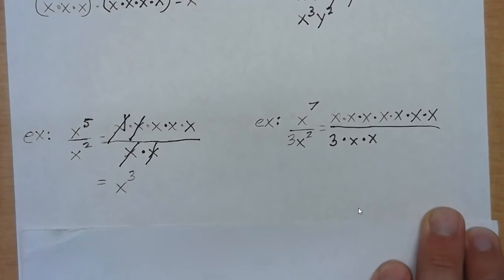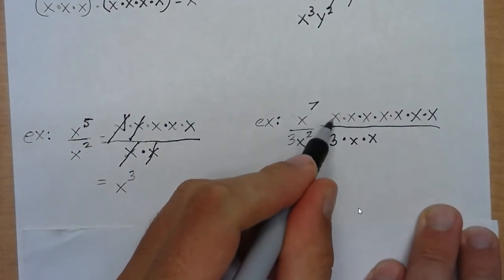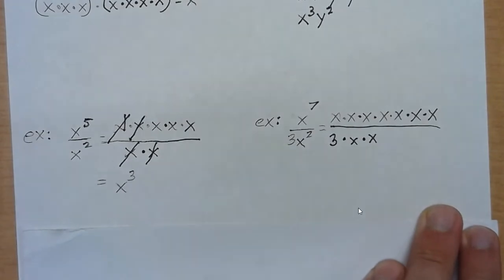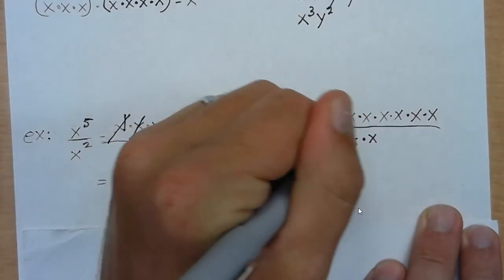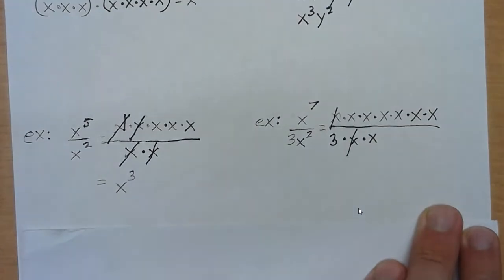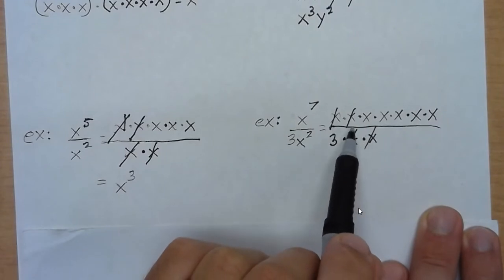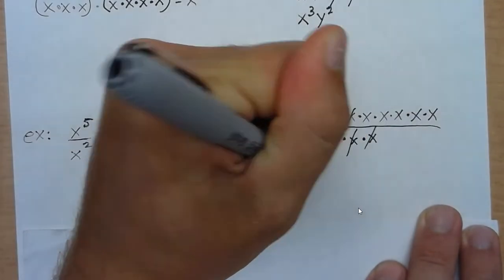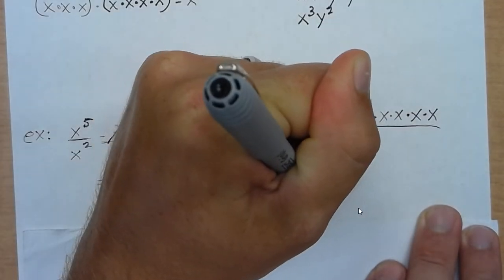And now, knowing that we have the same factors in the numerator and the denominator, we can start canceling them out. So an x on top and an x on bottom cancel, an x on top and x on bottom cancel. So finally, we're just left with 5 x's multiplied by each other on the top and a 3 on the bottom. So that's going to be x to the 5th power over 3.